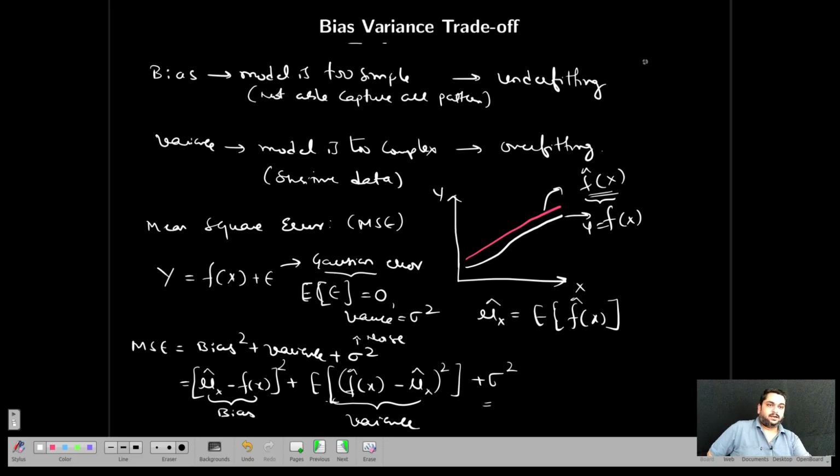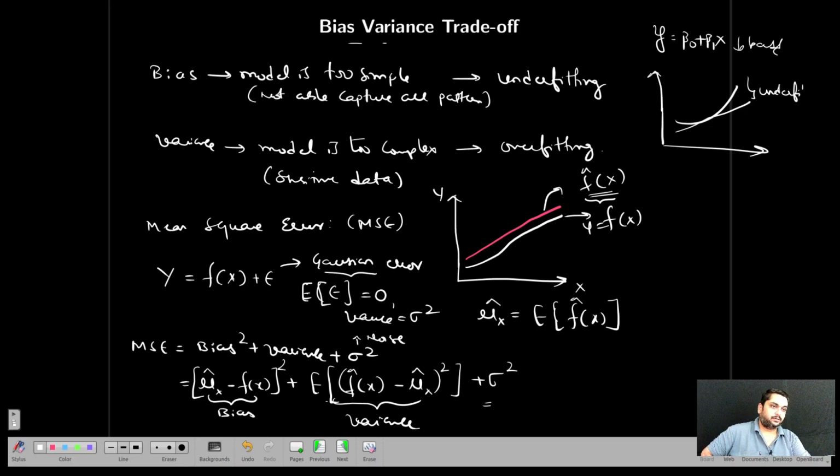So what is this trade-off? For example, let us take a linear regression y equal to b naught plus beta 1 x. Now say I am trying to fit it to a curve like this, and it is a straight line like this. This performs very badly because it is underfitting.